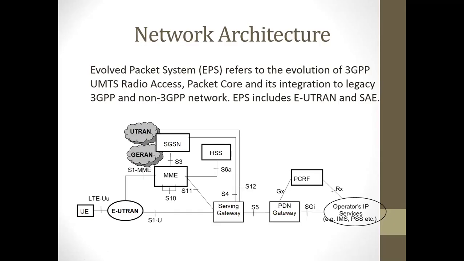But those 2 paths are for CS and PS, circuit switching and packet switching. You know that in 2G and 3G we had these 2 different categories or types of processes. But here you have all IP, all PS.